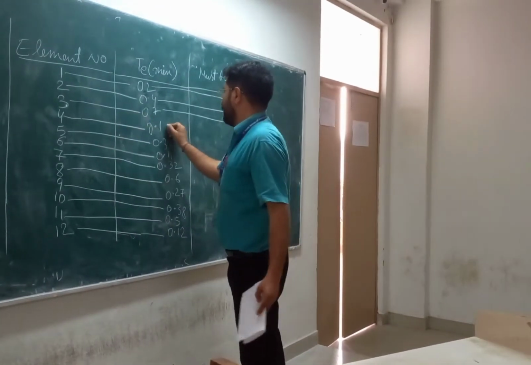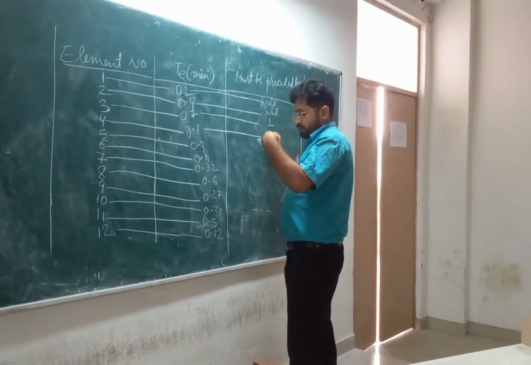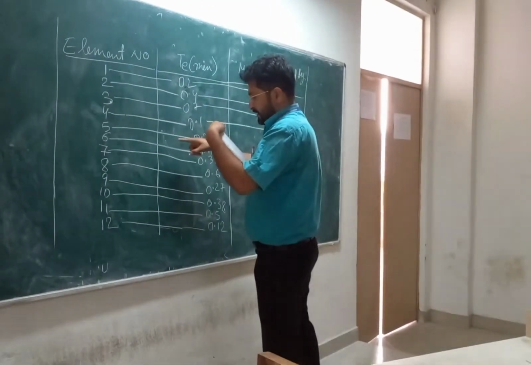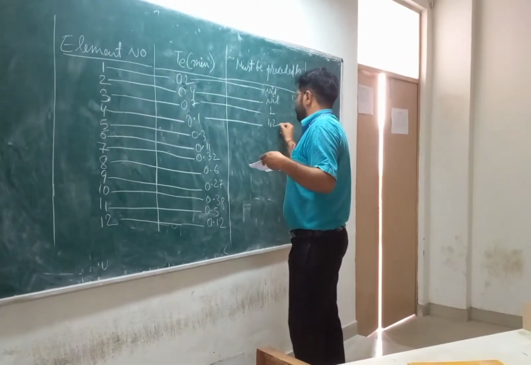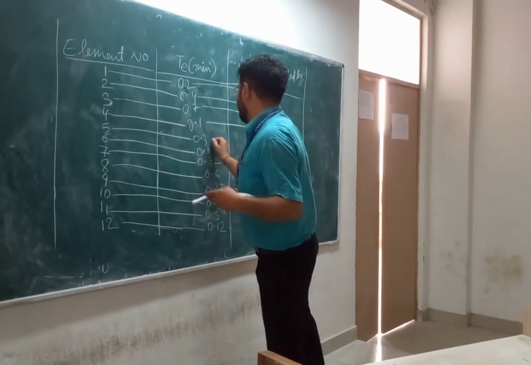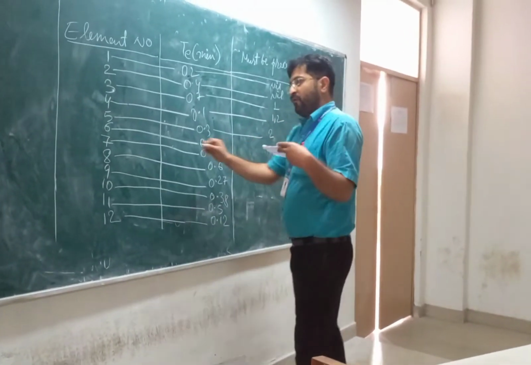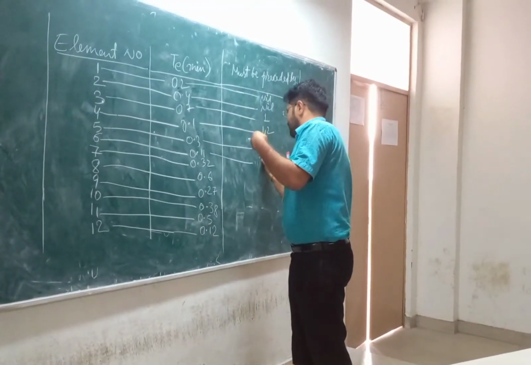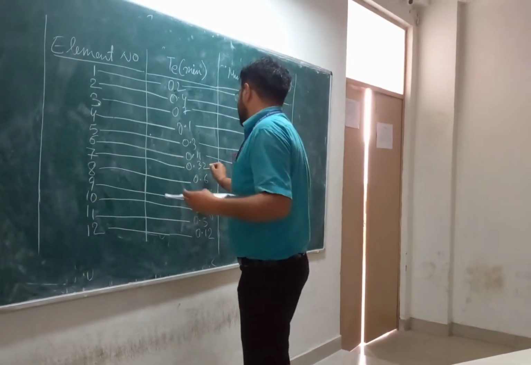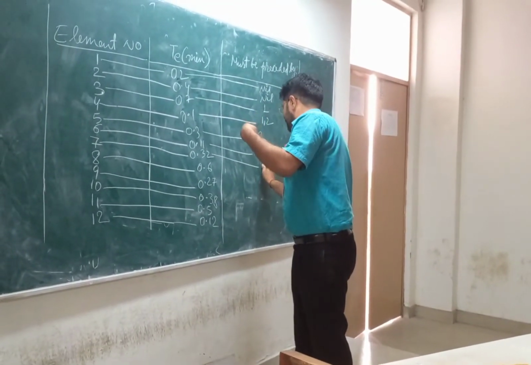For element number 4 the preceding is 1 and 2. For element number 5 the preceding is 2. For element number 6 the preceding is 3. For element number 7 the preceding is again 3.